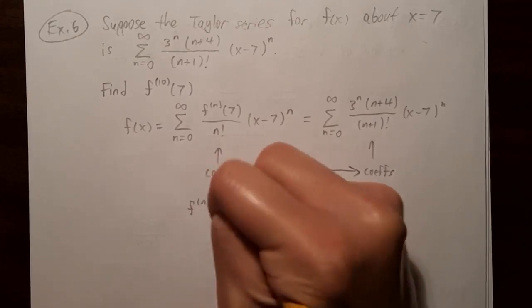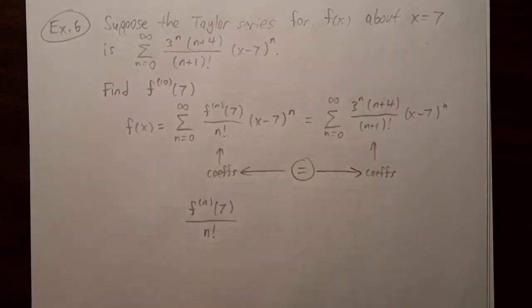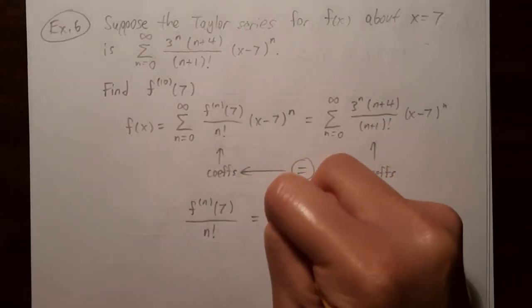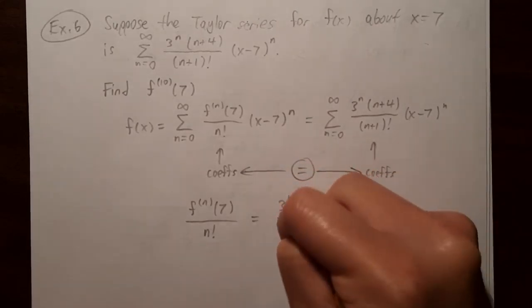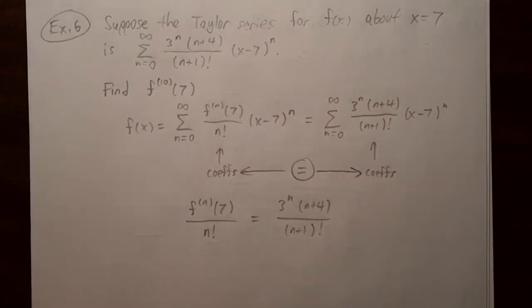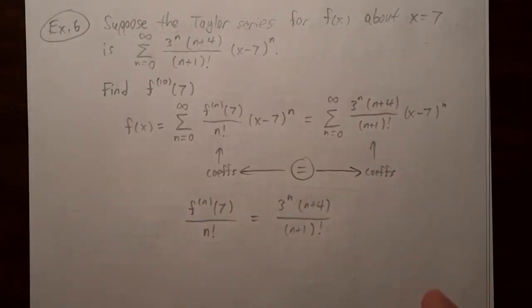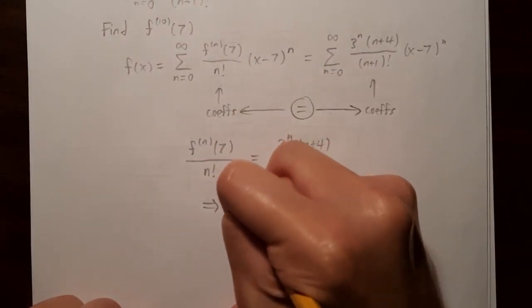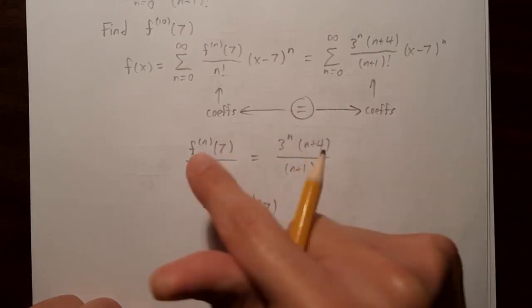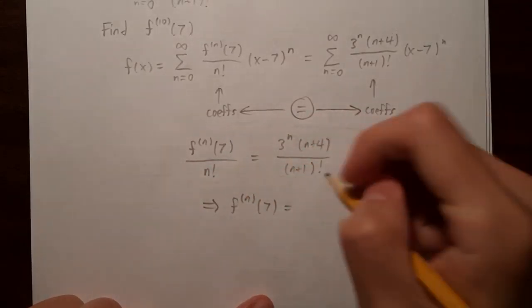All right, so we can derive this equation. We have the nth derivative of f at 7 divided by n factorial must be equal to 3 to the n times (n plus 4) divided by (n plus 1) factorial. And from here, we can just solve for the nth derivative of f. I just need to multiply both sides by n factorial. So we'll go ahead and do that.